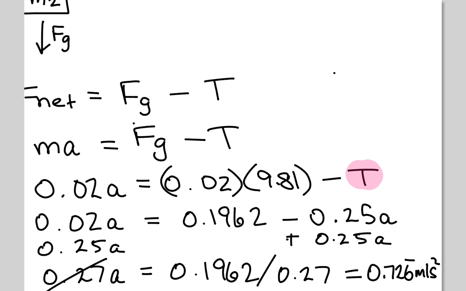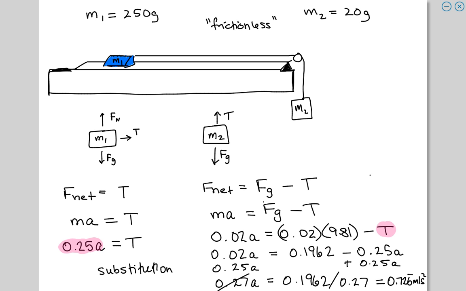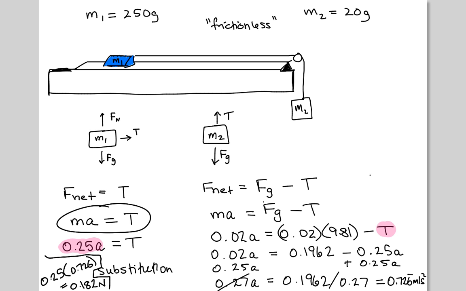So you just have to multiply this value by m1, 0.25 times 0.726, and you'll get the tension, 0.182 newtons. I apologize for running out of room. I spent most of the space just drawing a nice picture and left no room for the math.